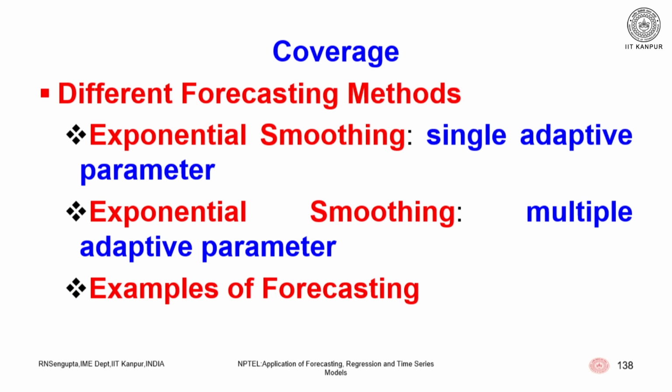So, the adaptive parameters would be denoted as alpha 1 suffix t, which is basically the adaptive parameter for yt. Similarly, alpha 2 suffix t is basically the adaptive parameter for ft.